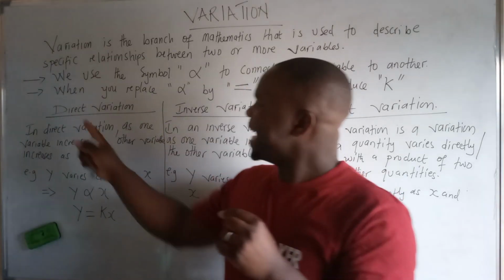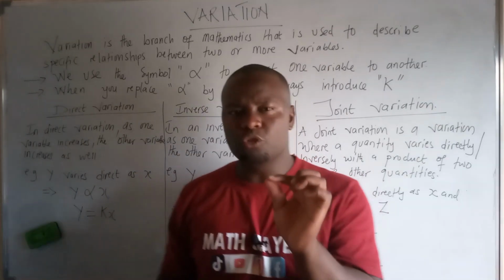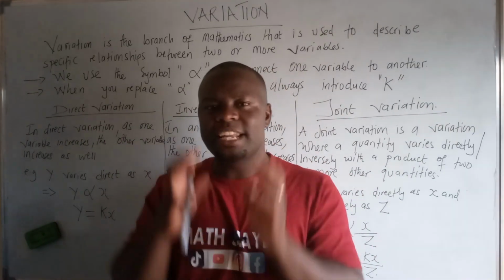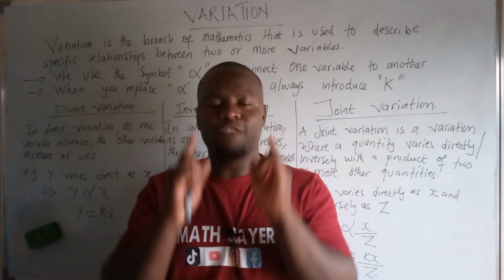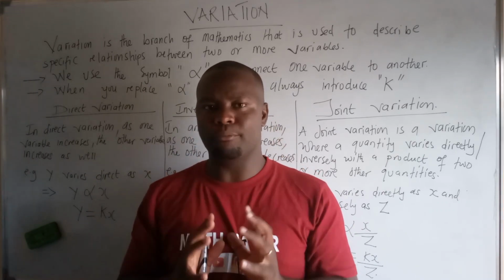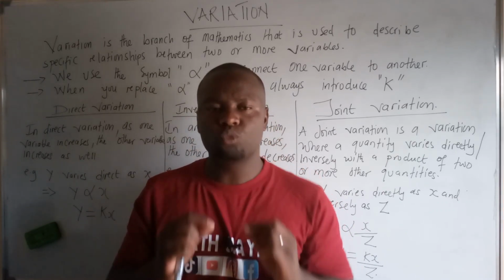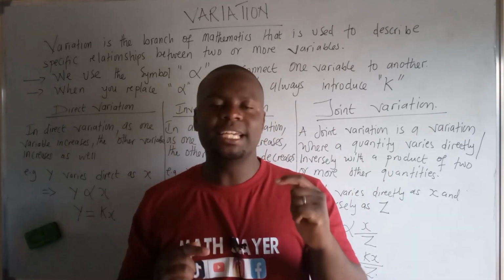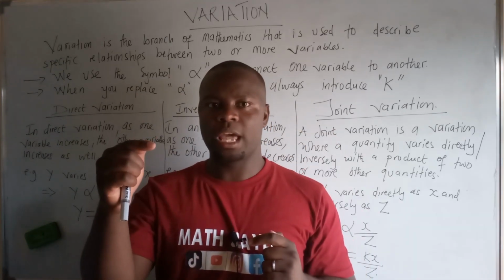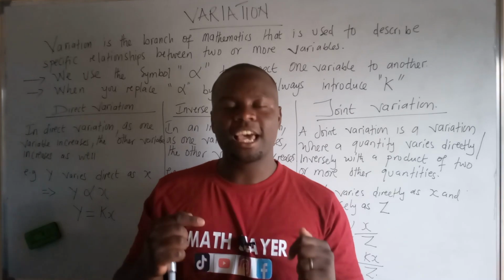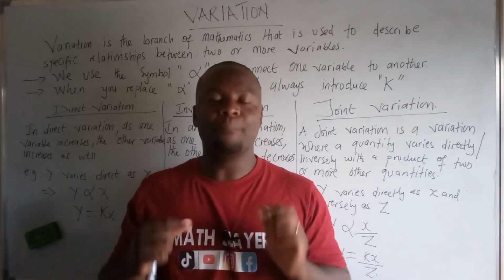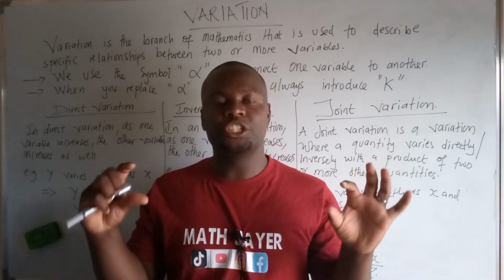With direct variation, the first thing that you need to know is that direct variation deals with two variables. As one variable increases, the other one increases as well. As one variable decreases, the other one decreases as well, because it's a direct relationship.